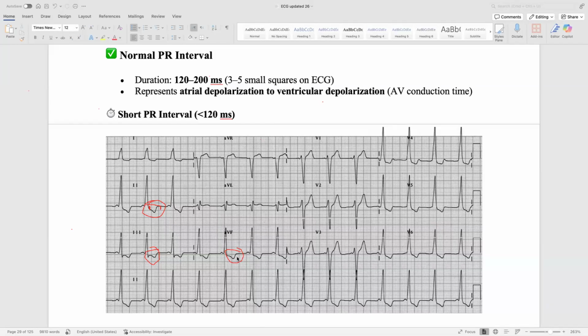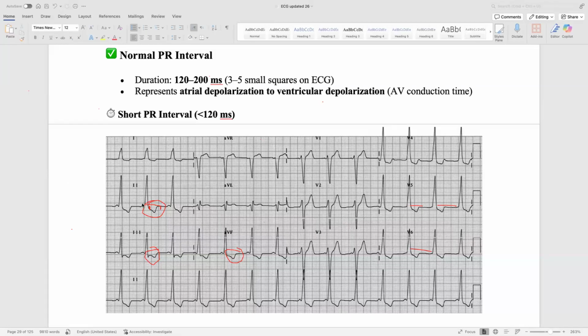If we have inferior and come here to the lateral leads, there is also ST segment depression. So it is inferior lateral ST segment depression, but there is something else.